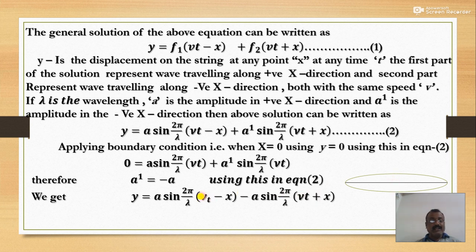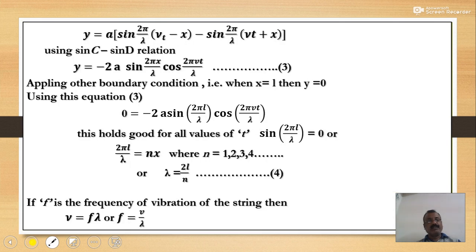By substituting a dash is equal to minus a in equation 2, we can write y is equal to a sin 2 pi by lambda (vt minus x) minus a sin 2 pi by lambda (vt plus x). a can be taken out. y is equal to a into [sin 2 pi by lambda (vt minus x) minus sin 2 pi by lambda (vt plus x)].